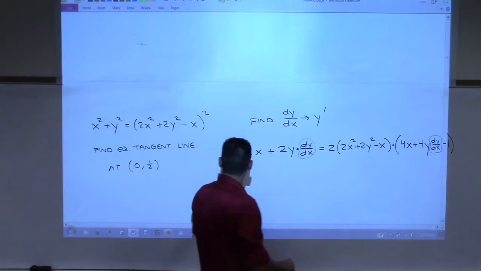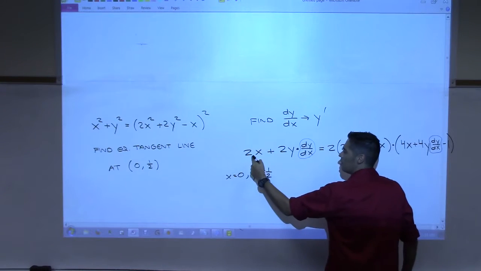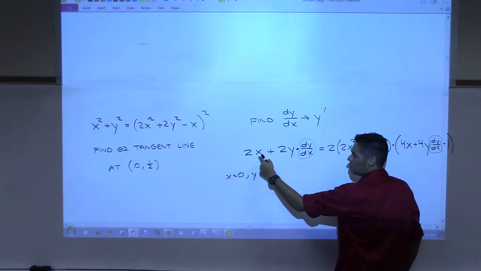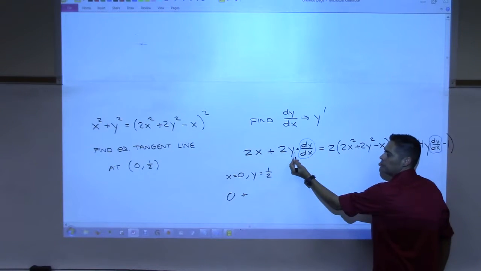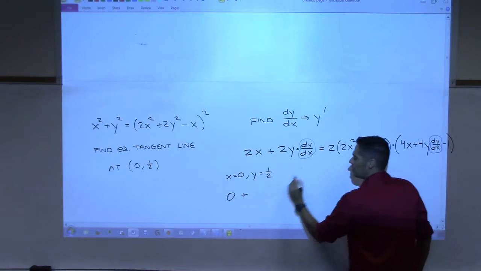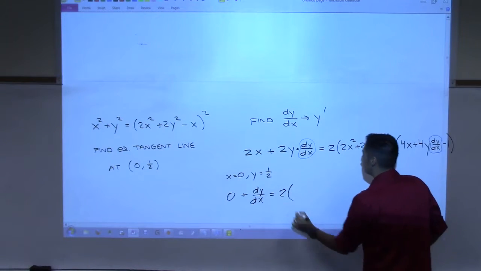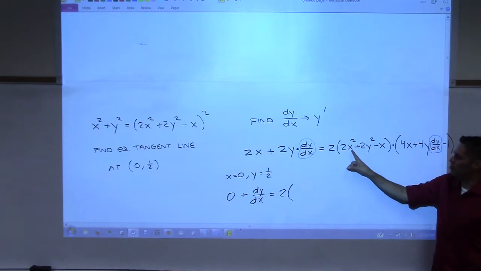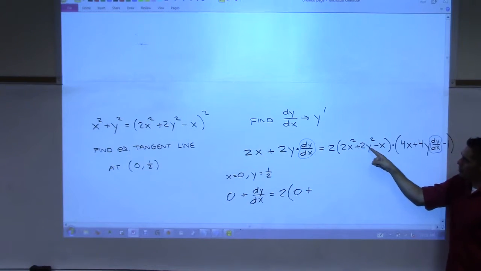I'm plugging in x is going to be 0 and y is going to be 1/2, and then let me rewrite this. So 2 times 0 is 0, plus 2 times 1/2 is 1, so just dy/dx, equals 2 times (0 squared times 2, that's just a 0), so 0 here, plus, now be careful here, y squared: 1/2 squared is 1/4, times 2 is 1/2.